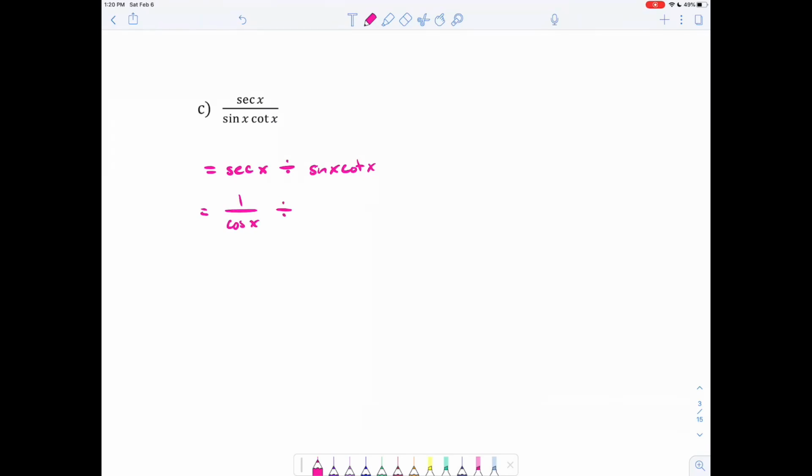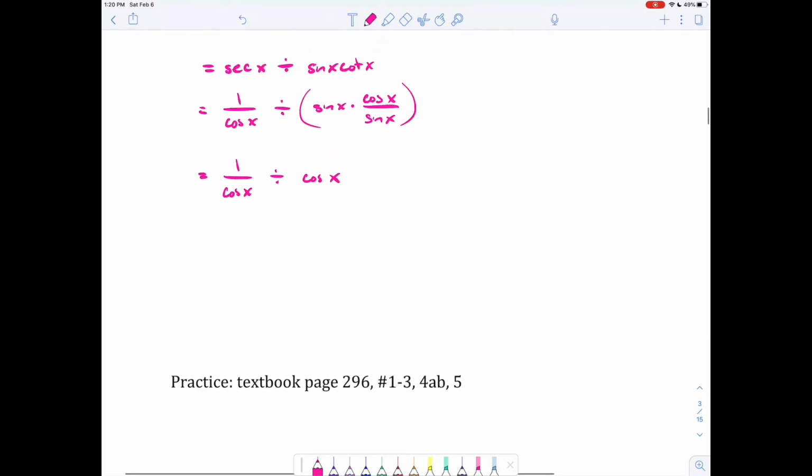And I'm dividing that by sine x times cotangent of x, which is cos over sine, since tan is sine over cos. So I'm dividing by this whole thing, which means I'm taking this 1 over cos x and dividing it just by cosine of x, which is fun.